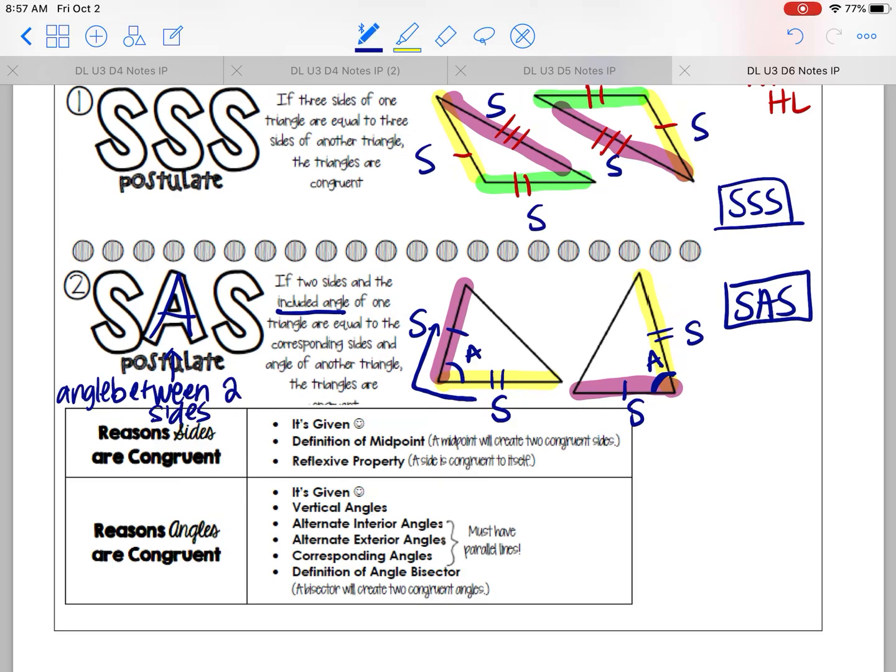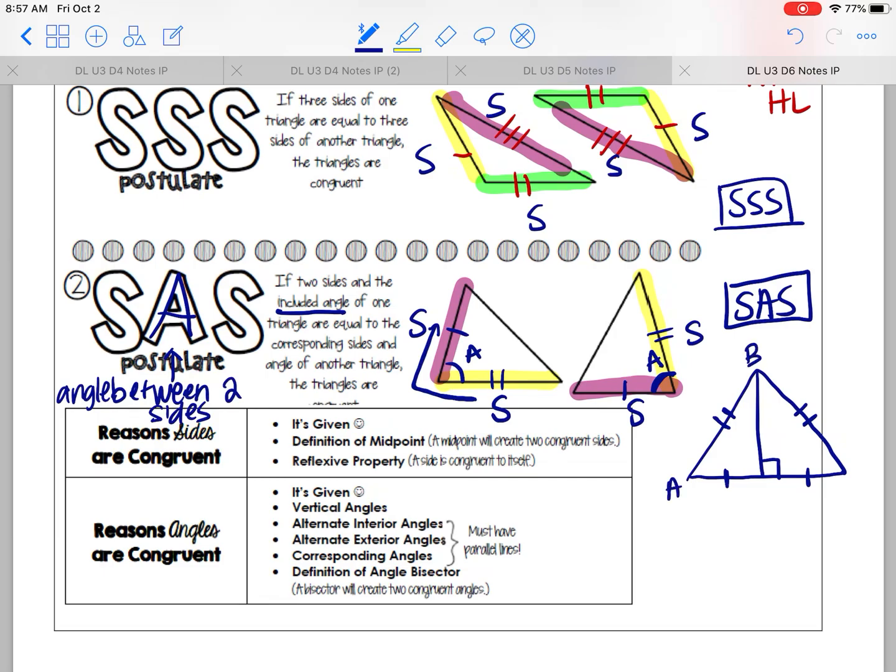And then another one will be the reflexive property, which you will be seeing a lot. So the reflexive property states that a side can be congruent to itself. So if you're given a triangle like this, in reality you have two triangles here, okay? And you're given that these two sides are equal and these sides, the hypotenuse of these right triangles, are equal.